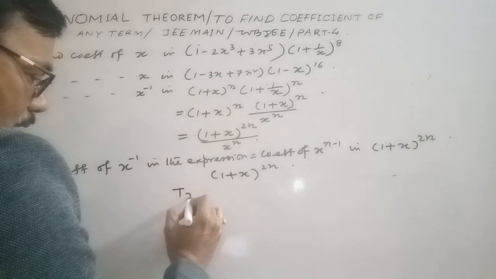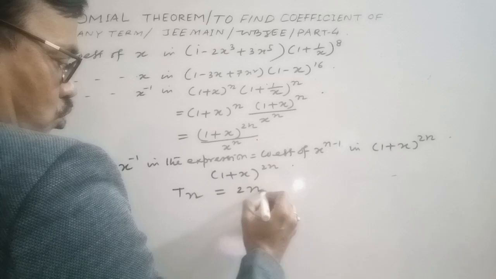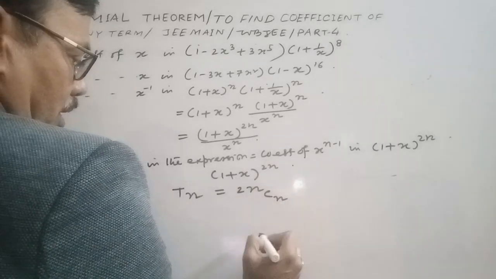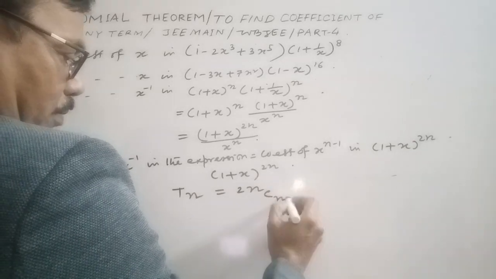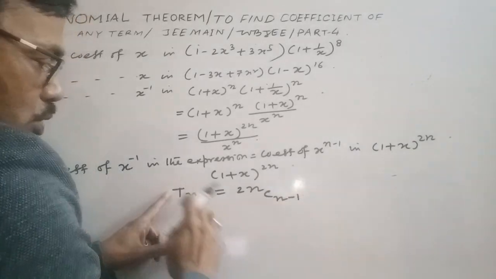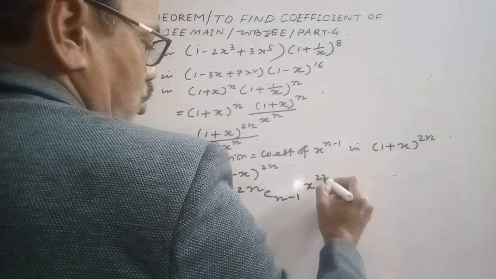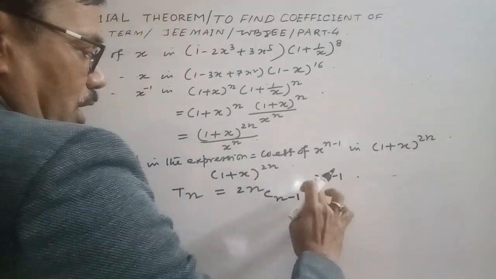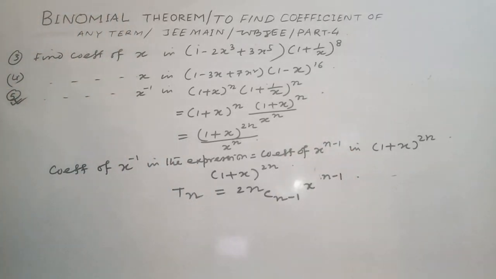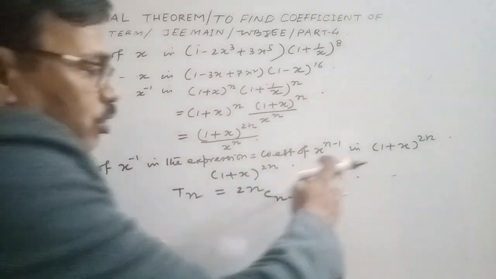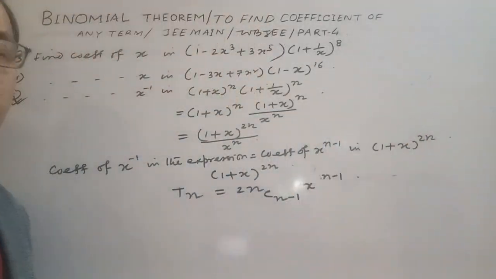So, if we find Tn, then we get 2ncn minus 1 into 1 to the power difference of this, that is 1, and x to the power 2n minus, n minus 1. Look, we have to find coefficient of x to the power n minus 1 in 1 plus x whole to the power 2n.